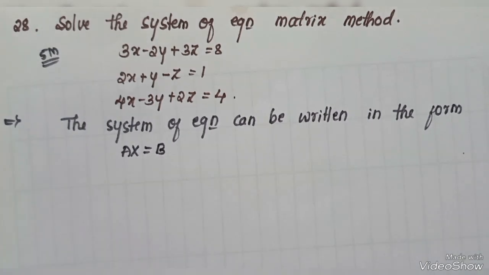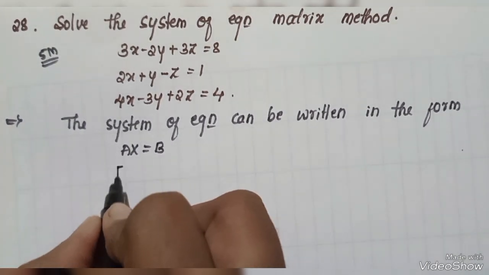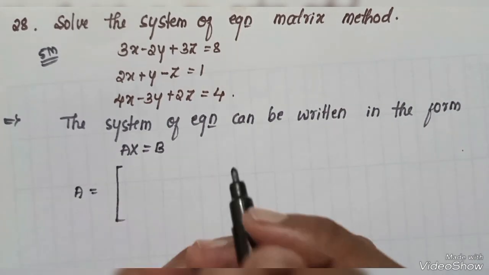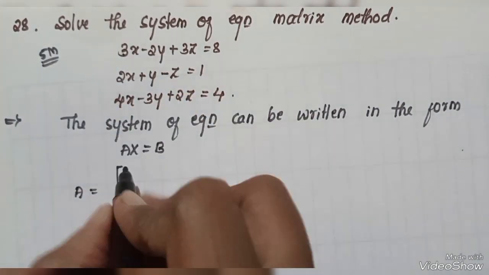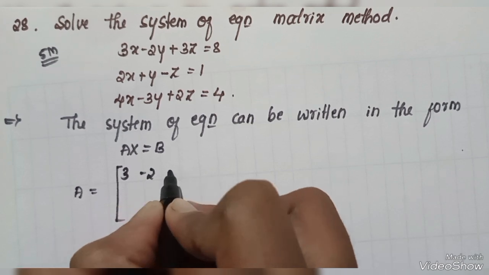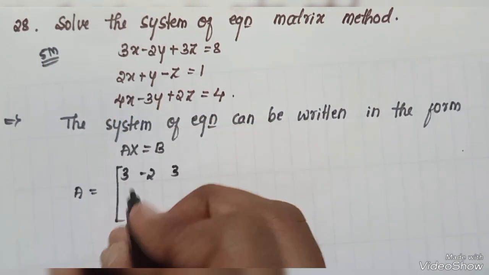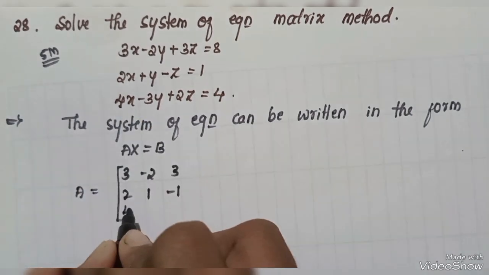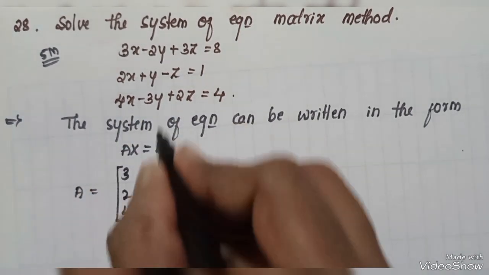The system of equations can be written in the form AX = B. A matrix containing the elements 3, minus 2, 3, 2, 1, minus 1, 4, minus 3, 2.